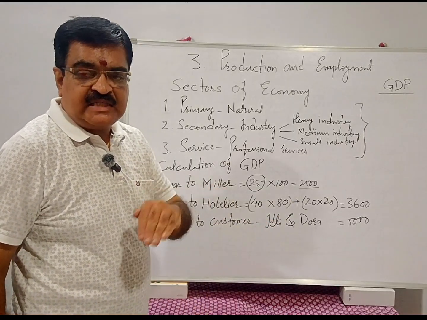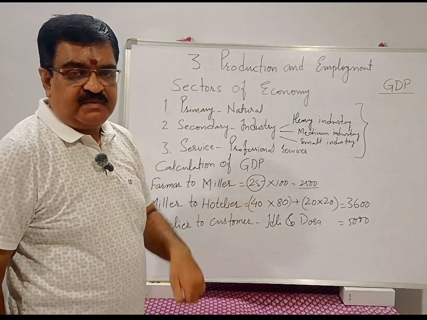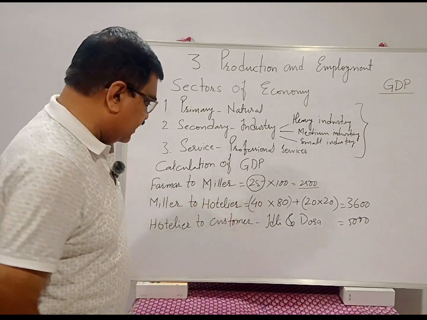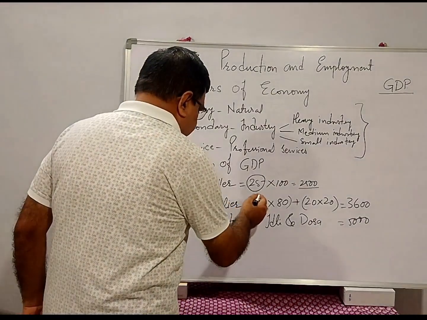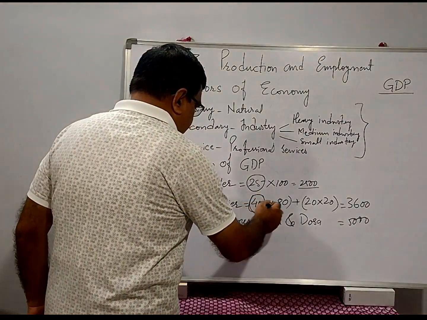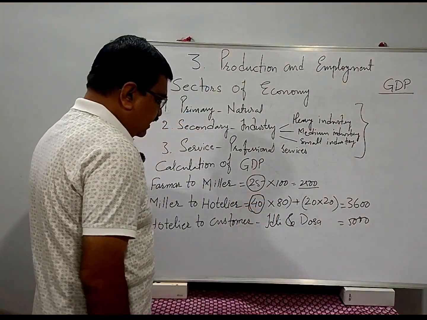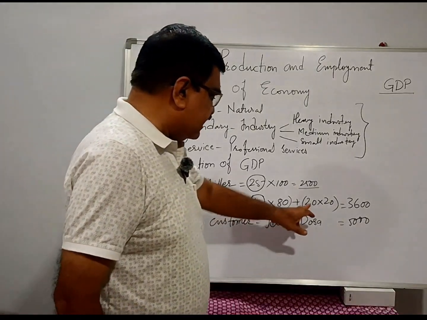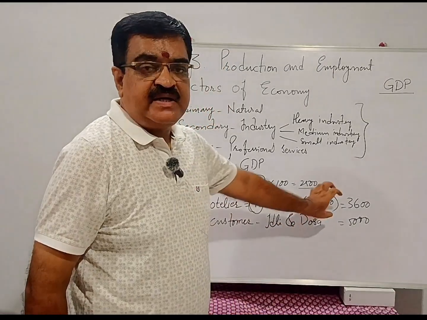When we separate rice from the paddy, husk will be there. So he sold 1 kg of rice at the cost of 40 rupees, 80 kgs of rice he has sold, and 20 kg of husk at 20 rupees per kg.